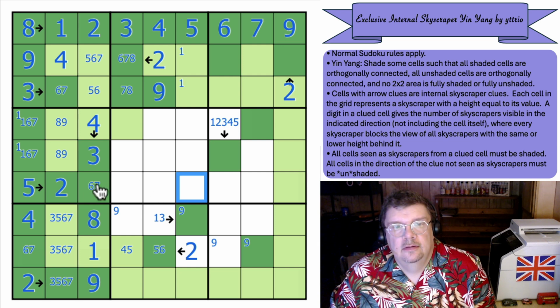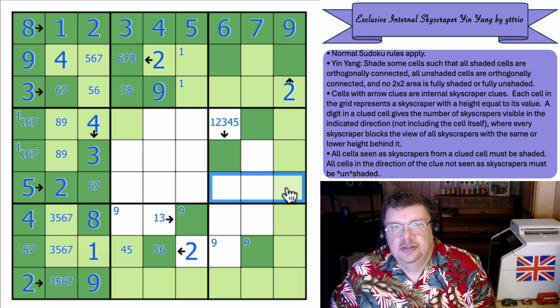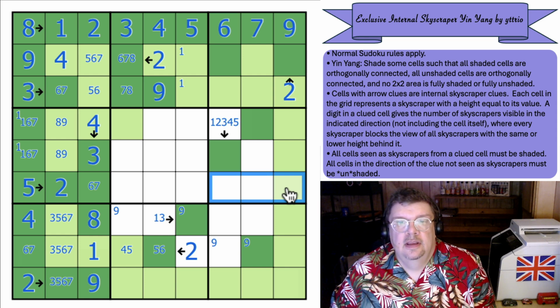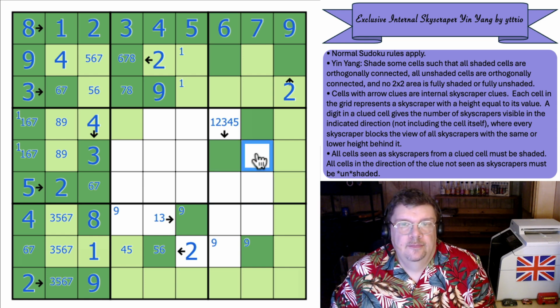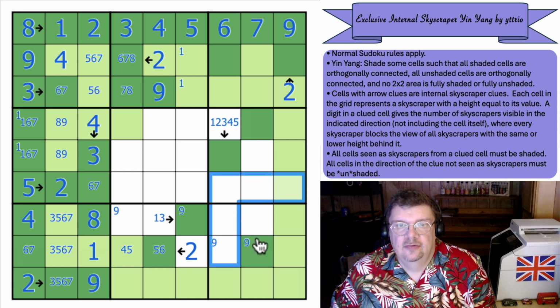Wait. Sorry, this would be 6, 7, 8, which would work. 6, 7, 8, 9. These would have to be unshaded. In that case, 9 would have to be here. And the reason for that is that 9 couldn't be here because that would make that a 1, would unshade all of those, and then this cell would be isolated because that would all be unshaded. So if this is a 9, that's a 9.